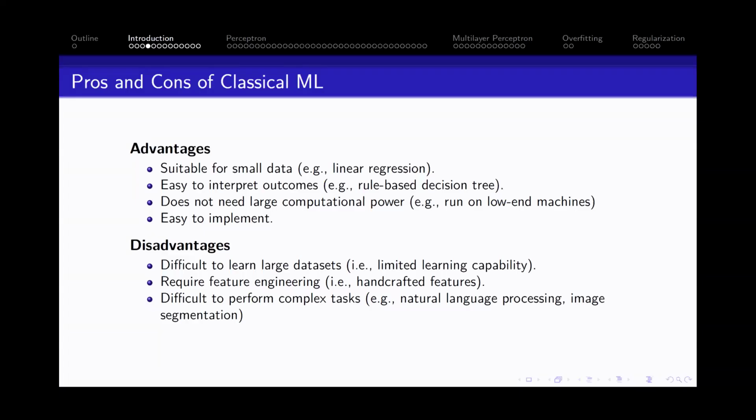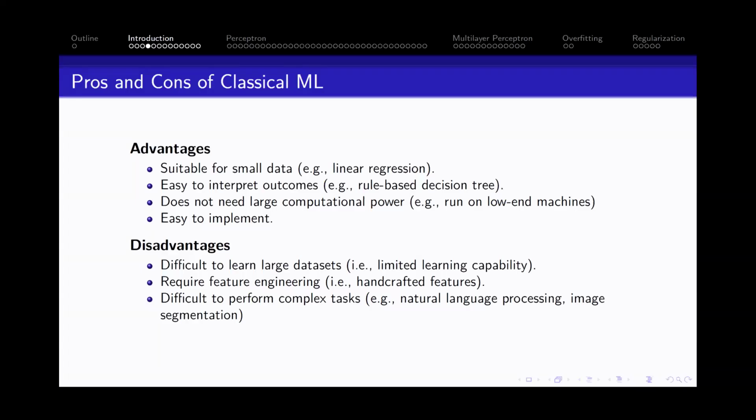But on the other side, they also have some drawbacks. They cannot be applied on a large data set because they cannot capture relationships if your data is really complex. And also they require feature engineering. You need to manually design some set of features to be fed into the model. And also they are difficult to perform on complex tasks, like if you imagine NLP, natural language processing, or image segmentation.